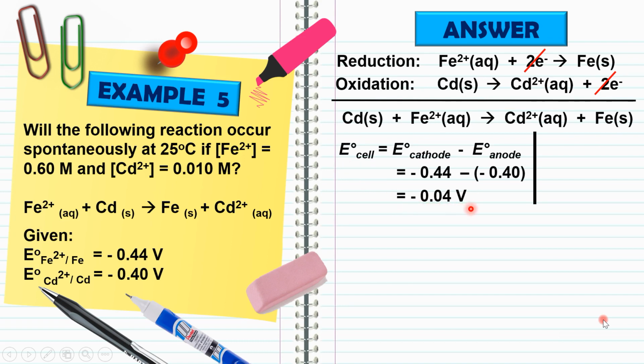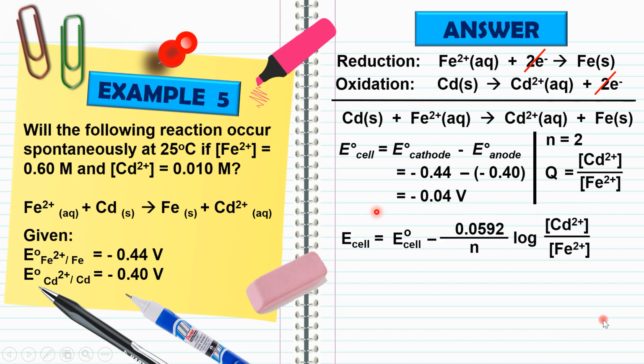Right. So next, from this half equation, we know that the number of electrons transferred is n equals 2. And for Q, you have to remember it is the concentration of the product divided by the concentration of the reactant. Therefore, concentration of Cd2+ divided by concentration of Fe2+. Solids are not considered in the Q expression.